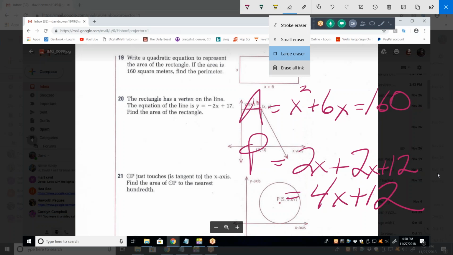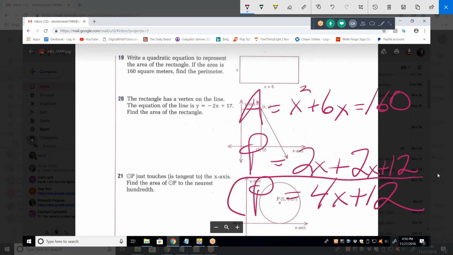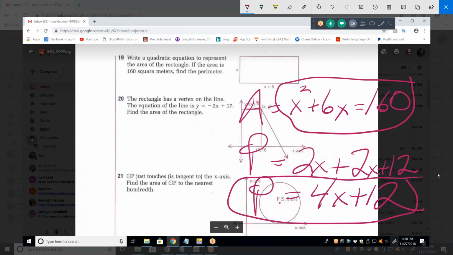Only the first one. Notice that in the second one we have 2 variables, p and x. We can't solve that. But in this one, we only have 1 variable, x. So let's solve that quadratic. I'm going to bring the 160 over to the left.